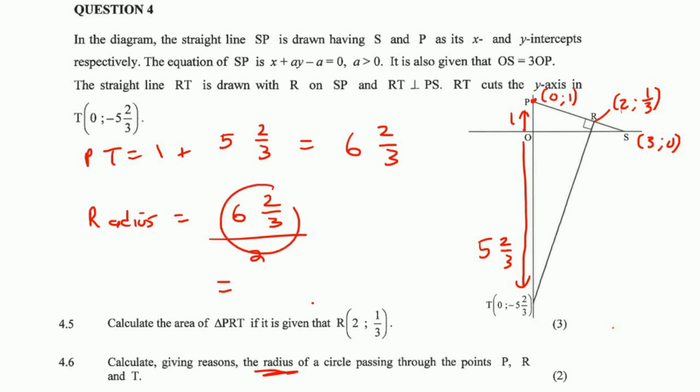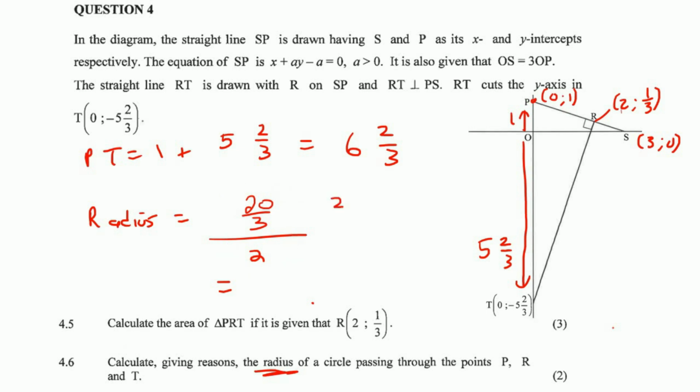Now be careful when you type this number in. This is why I don't like using mixed numbers on a Casio calculator, because if you don't type this in using the shift method, it actually does something completely different and it ends up multiplying over here. Maybe that's happened to you before. So I actually advise that we always change this to an improper fraction. 6 times 3 is 18 plus 2 is 20. And then even this sometimes goes a bit dodgy.